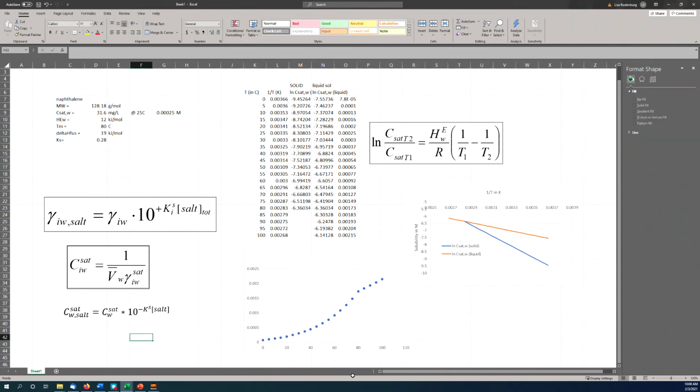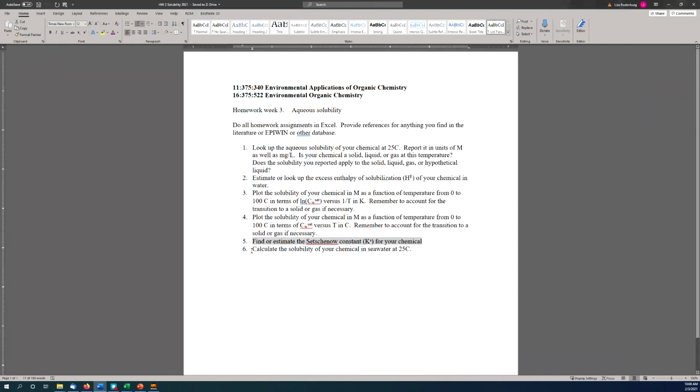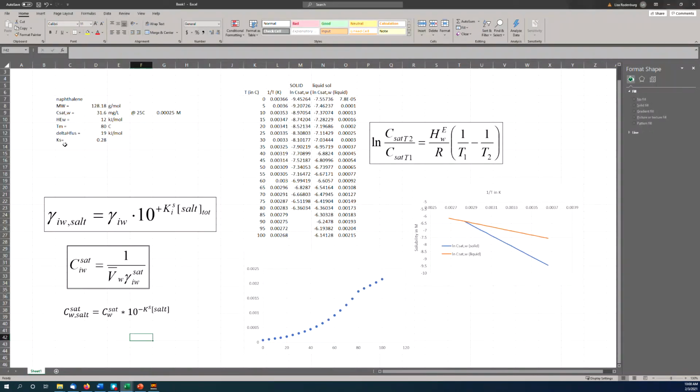So the question was, we found the Setschenow constant, now calculate the solubility of your chemical in seawater at 25 degrees C. And we know that the salt content of regular old seawater is 0.5 molar. That's just, not milligrams per liter, molar. It's a weird coincidence that it's pretty close to 0.5 molar. And this is an approximation, so it doesn't have to be perfect anyway.